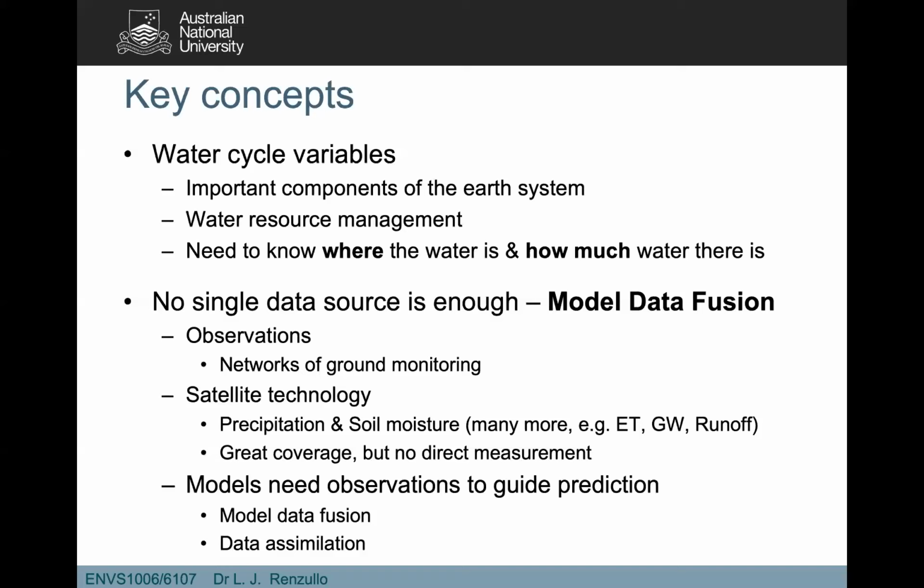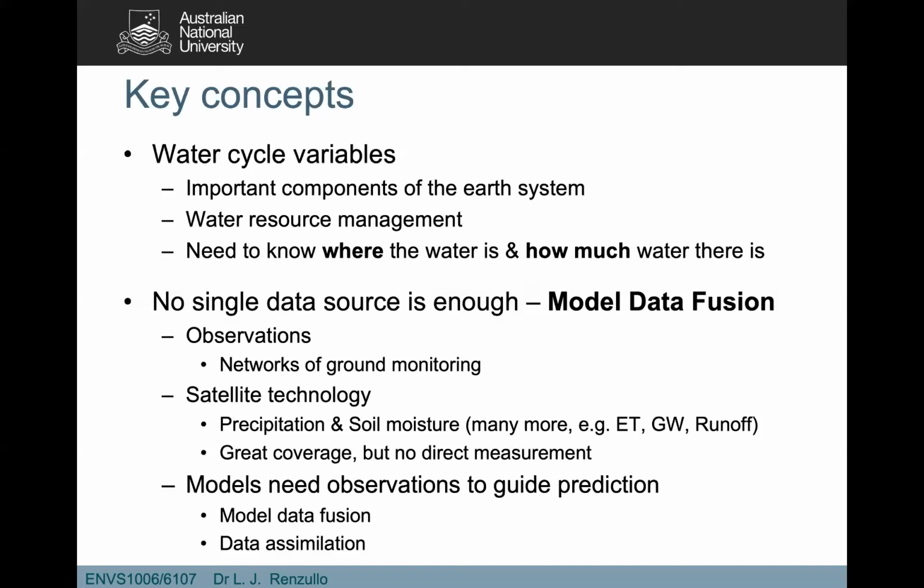Satellites, however, are up there on many platforms, giving us global coverage of precipitation information and soil moisture, for example. There are many more water variables I didn't go into, for example evapotranspiration and groundwater runoff. These too can be estimated through satellite sensor technology, but they're too much to go into in this short amount of time.